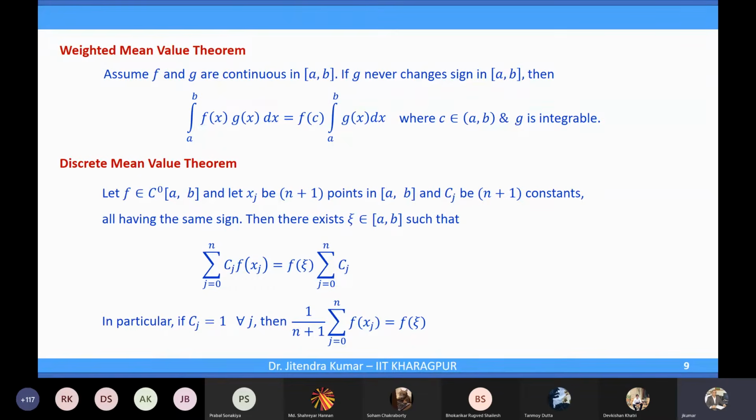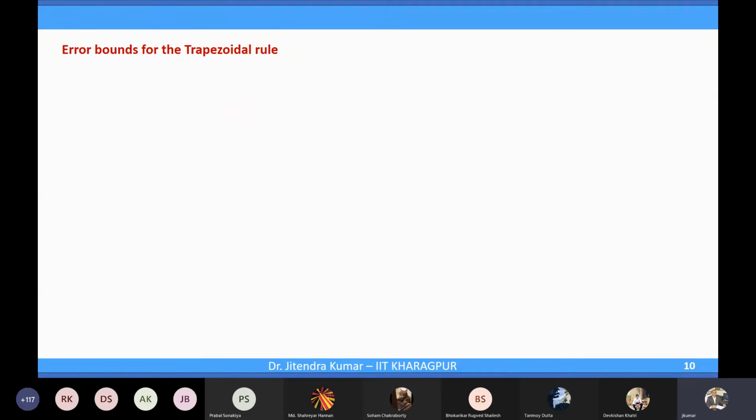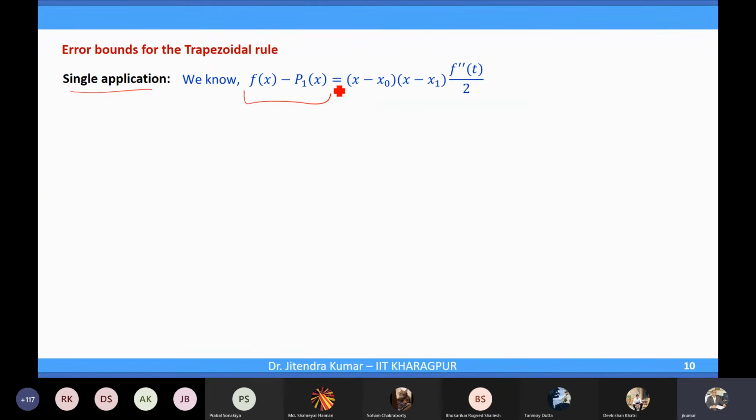Good. So the error bounds: we want to calculate how much error we are making when we are approximating our integral by the trapezoidal rule. So let's calculate this in a single application, when we are applying the trapezoidal rule just once. Remember the difference between the function and the polynomial, which was discussed in polynomial interpolation.